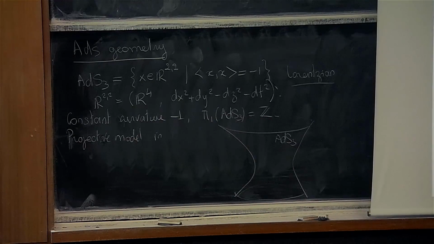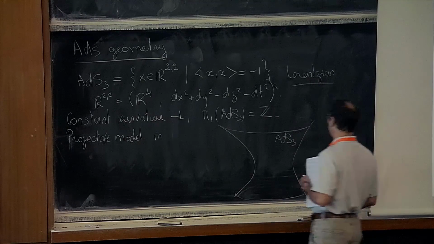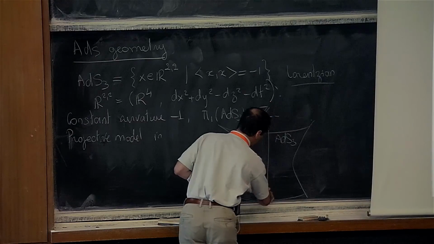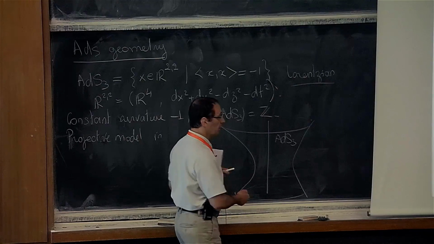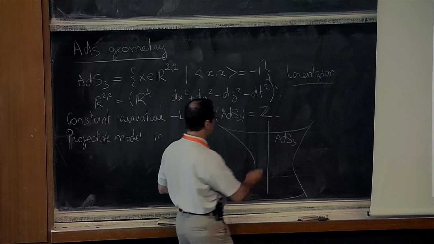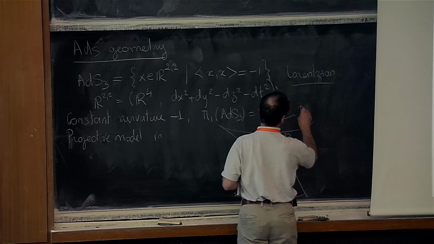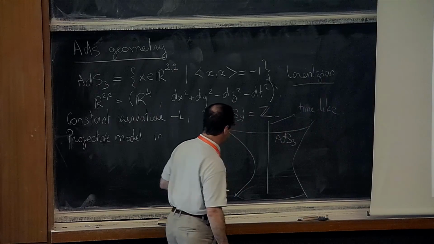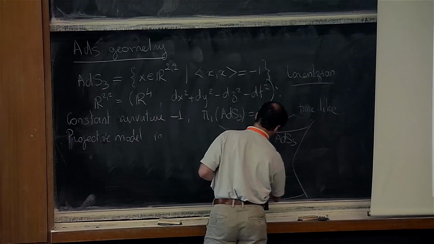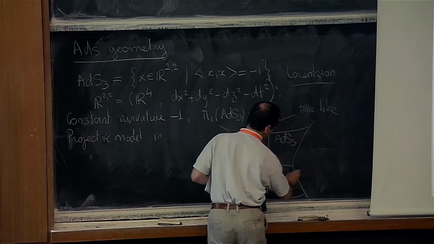There are different types of lines, and different types of faces, right? So for instance, there are lines like this that do not intersect the quadric. This is a line on which the metric is negative definite, so here we have what is called a timelike line. You have lines that intersect the quadric in 2 points, and those are space-like lines.